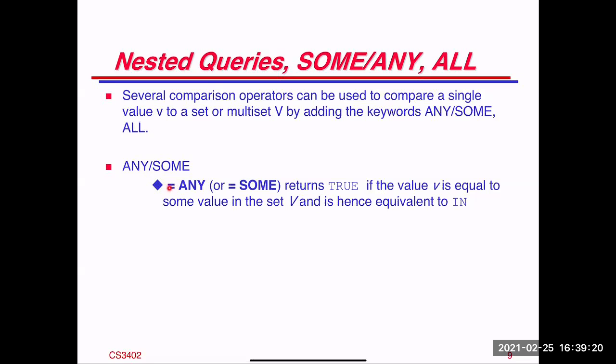For instance, you can write equals and then ANY, or equals and then SOME, and that will return true if the value v on the left-hand side is equal to some value in the set V. So basically, writing v = ANY V is the same as writing v IN V.